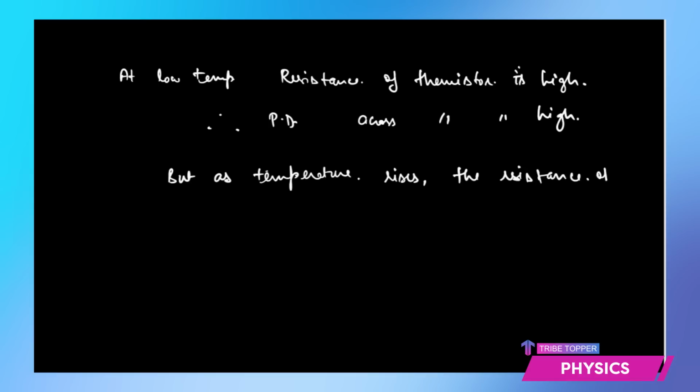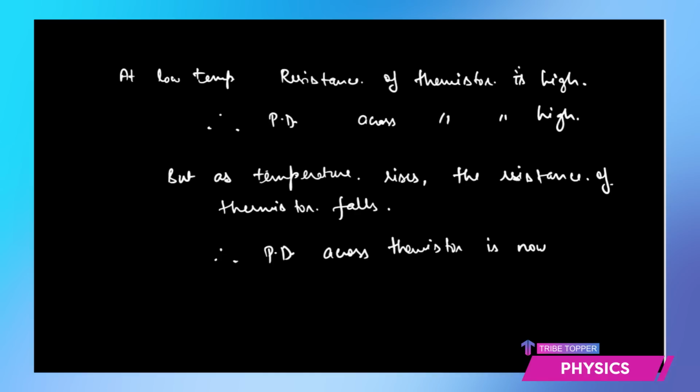And when the resistance of the thermistor falls, what happens? Therefore, the potential difference across the thermistor is now less as compared to the potential drop across the fixed resistor R1.